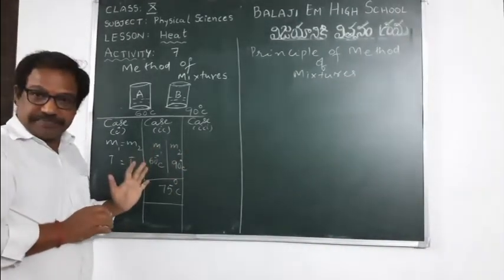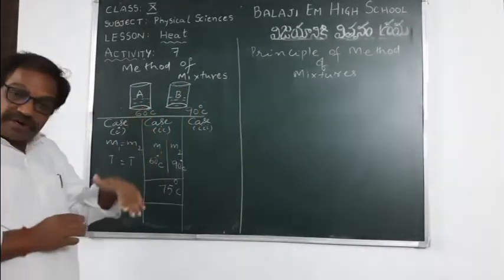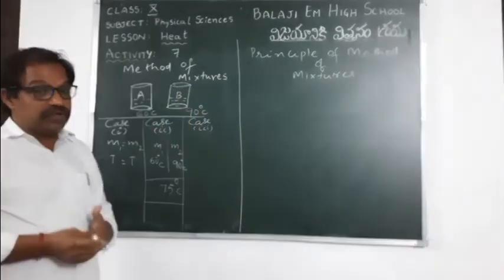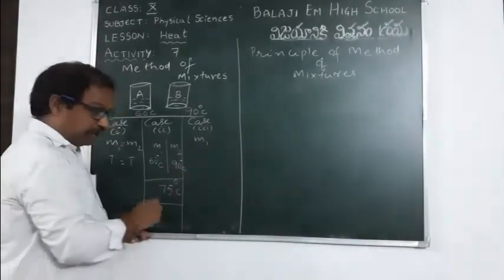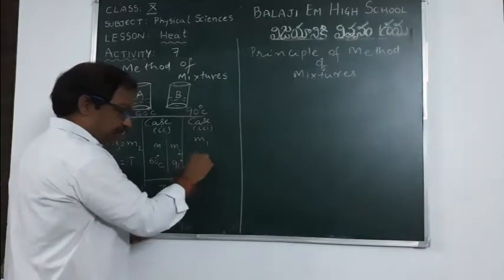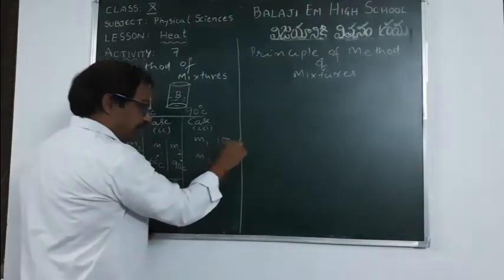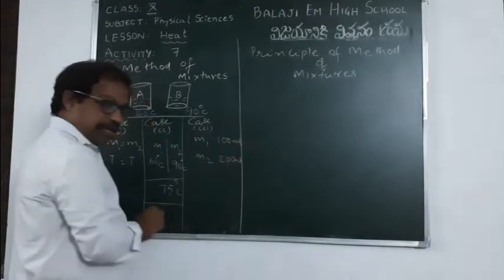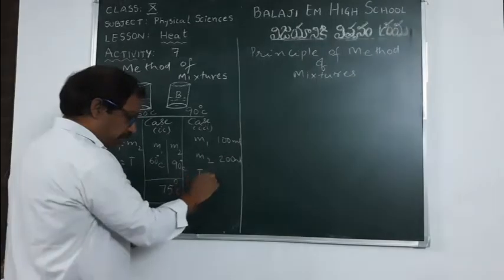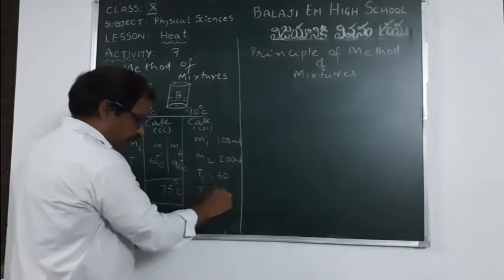The resultant temperature is 75 degrees centigrade because their masses are the same. Now in case 3, the masses are different and the temperature is also different. Suppose A has a mass M1 and B has a mass M2. Let us take M1 is equal to 100 ml and M2 is equal to 200 ml, and the temperature T1 is 60 and temperature T2 is 90.